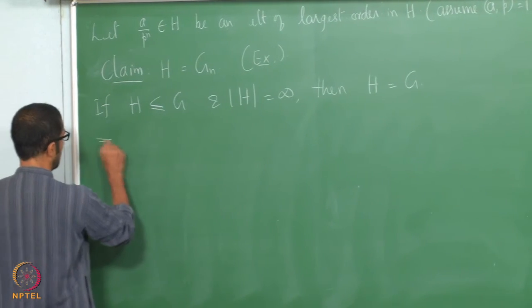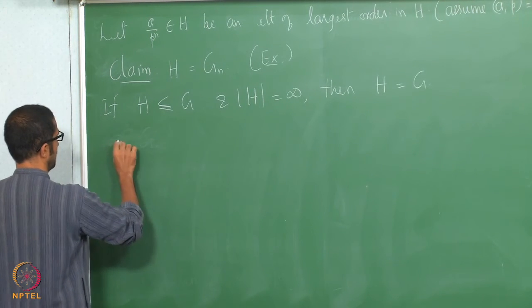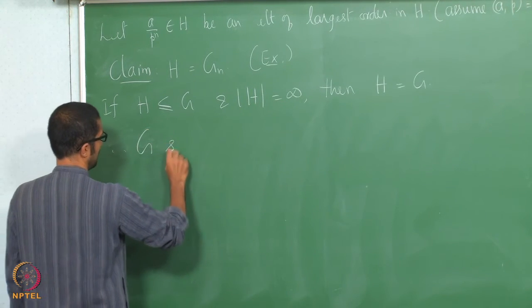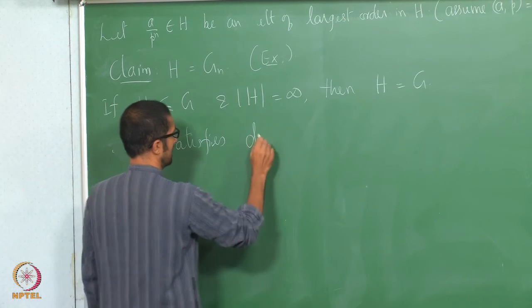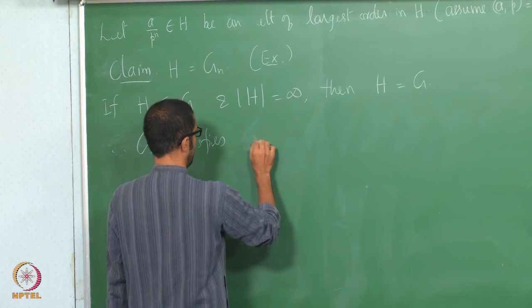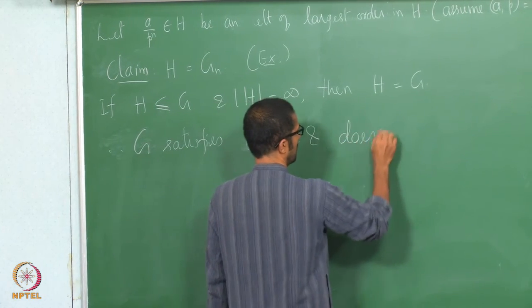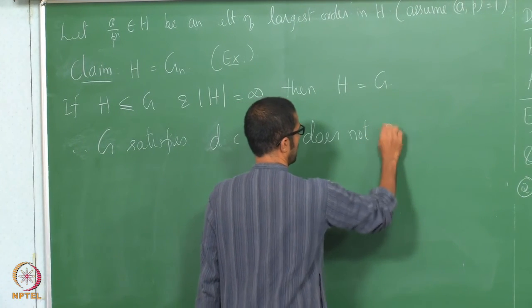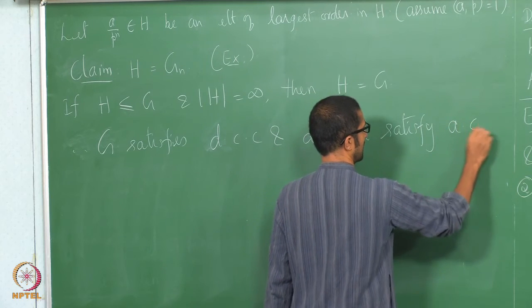So, therefore, G satisfies descending chain condition and does not satisfy ascending chain condition.